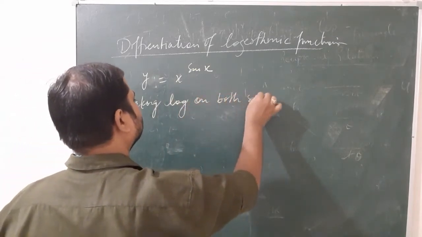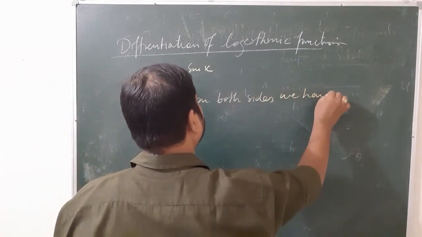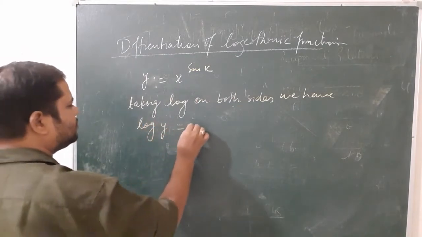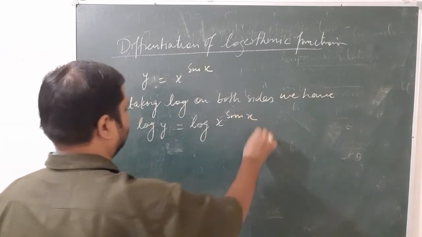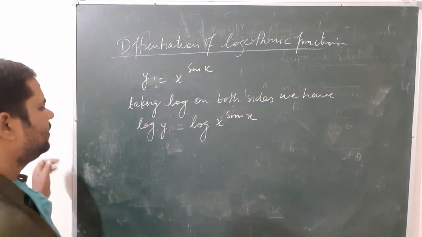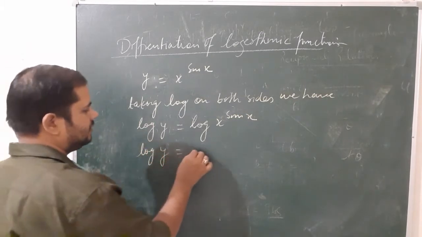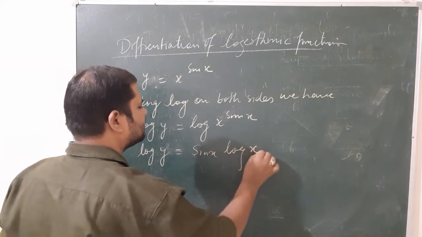We have log y is equal to log of x to the power sin x. Okay. Now log y can be written as sin x into log x.